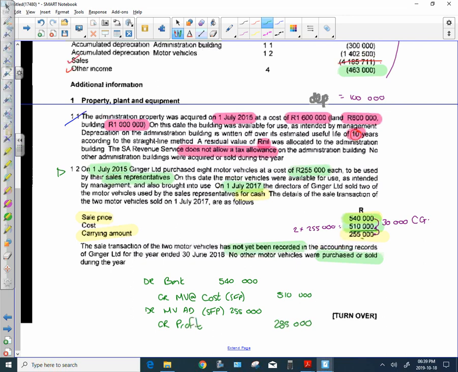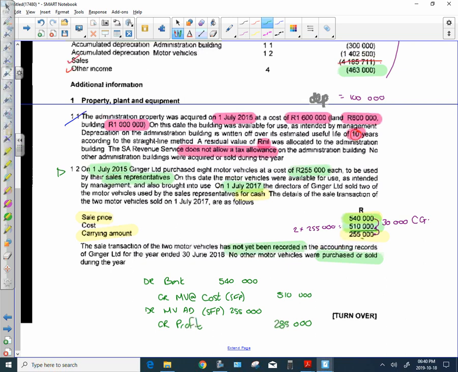That 285,000 is the profit that I would recognize in my books for IFRS purposes. But that is not the profit for SARS purposes. Remember, for IFRS we have depreciation, whereas for SARS we have wear and tear allowance.